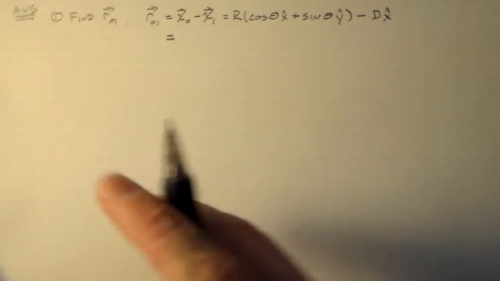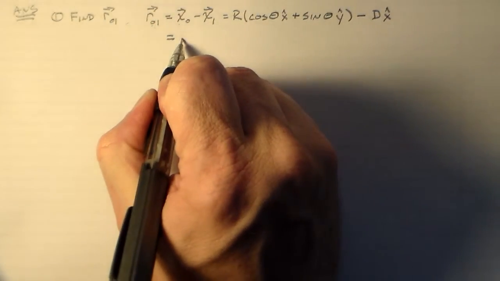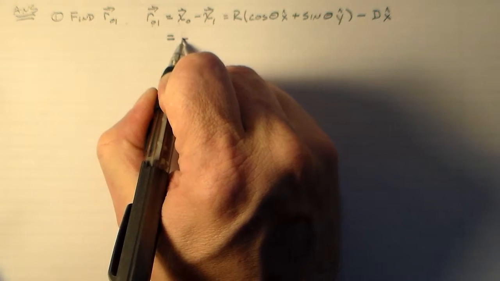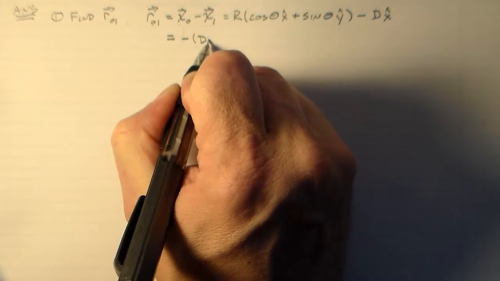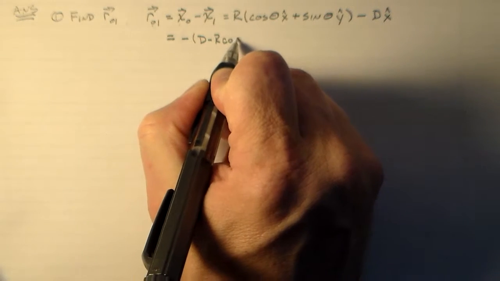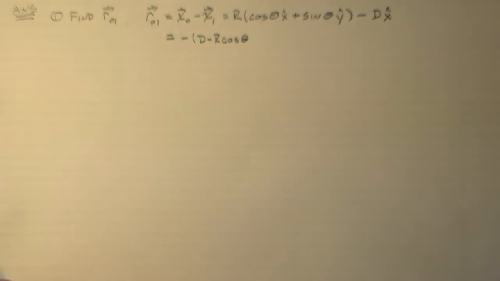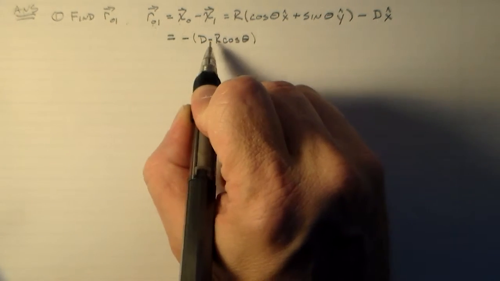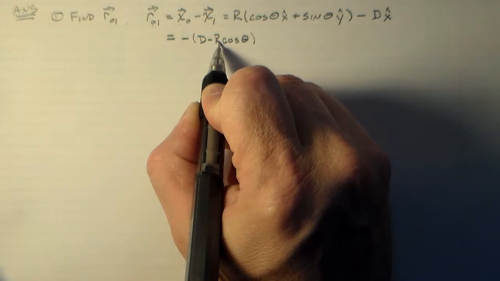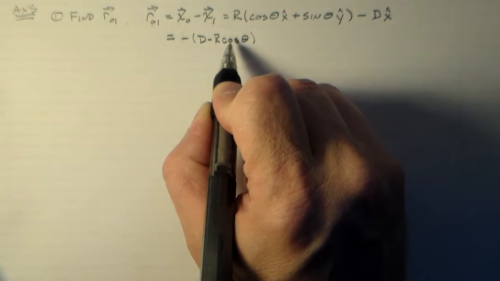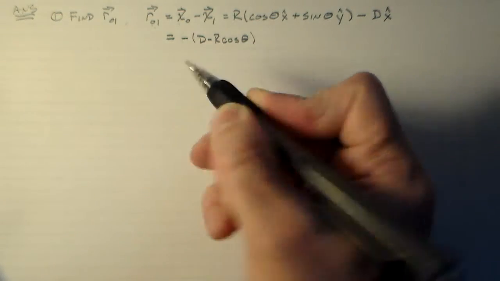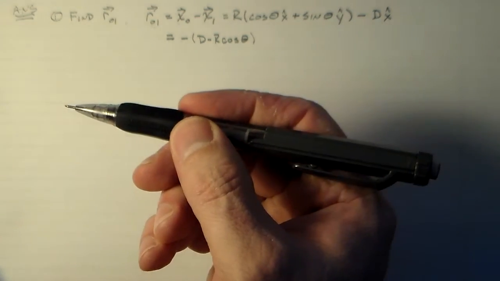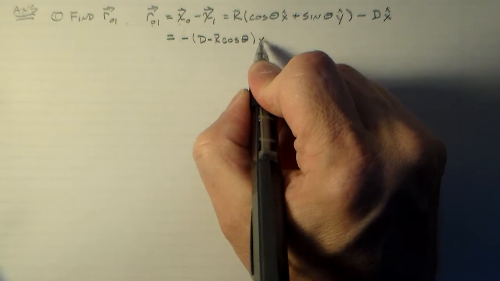Let's see, how should I write that? Well, let's write it so that it gives us the correct sort of distances. So let's say it's minus d minus r cosine theta, and I do that because I want to get an idea of which way it's going to point. Which way is the direct vector pointing? D is probably greater than r most of the time, and so this is pointing back towards the origin in the x direction, right?